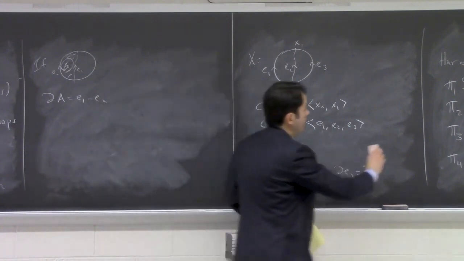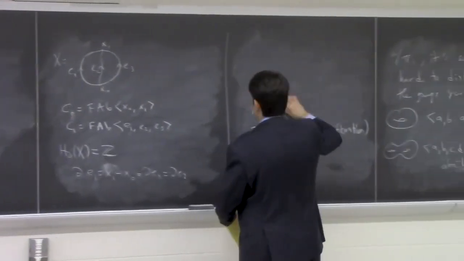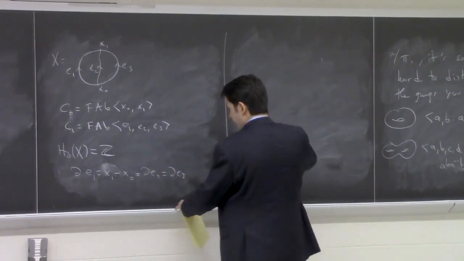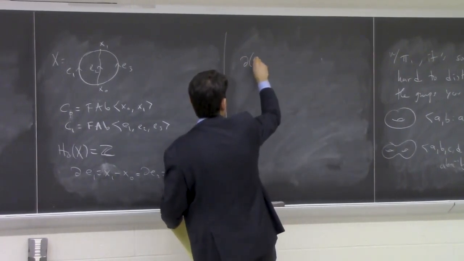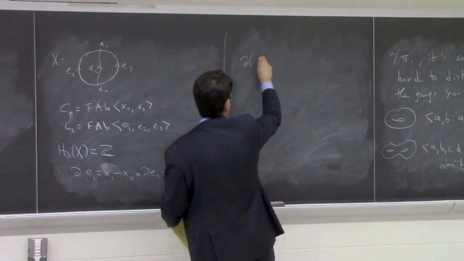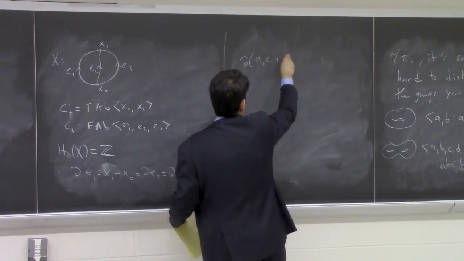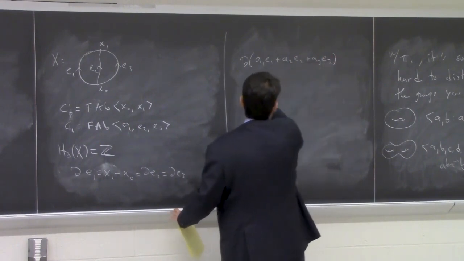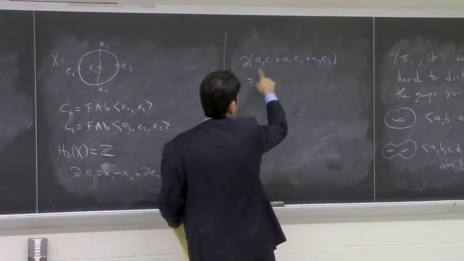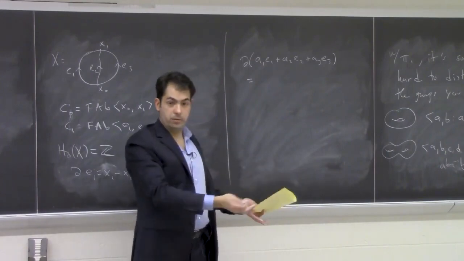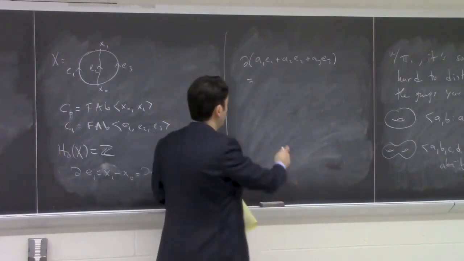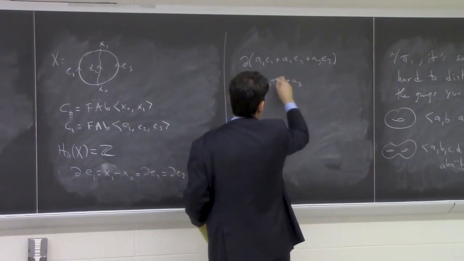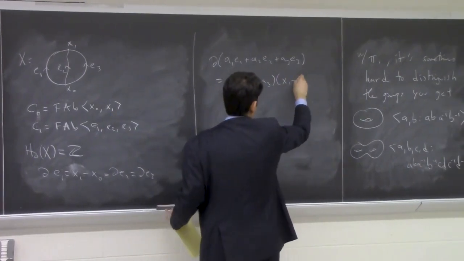So if I want something in C1 that doesn't have any boundary, the boundary of an arbitrary element here, say A1 E1 plus A2 E2 plus A3 E3, is, well, I'm definitely going to make the boundary map linear over Z. So this is just going to be A1 plus A2 plus A3 times x1 minus x0.